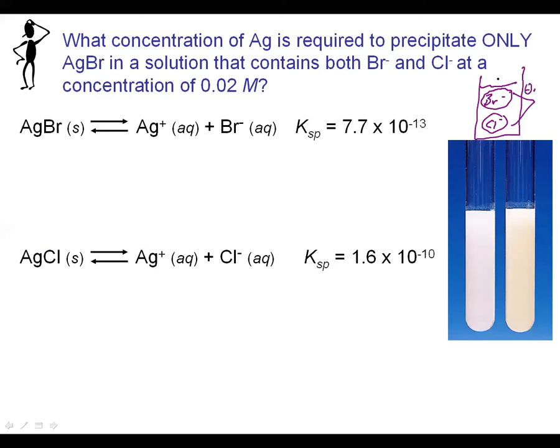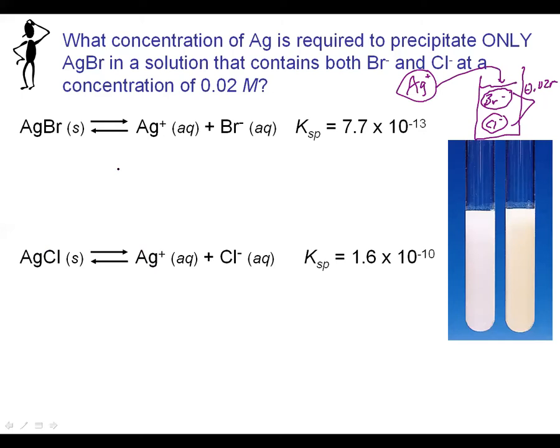We're trying to figure out what happens if we take some silver and toss it in there. Based on solubility rules, the silver and the bromide will come together to make a solid, and the silver and the chloride will also come together to make a solid.